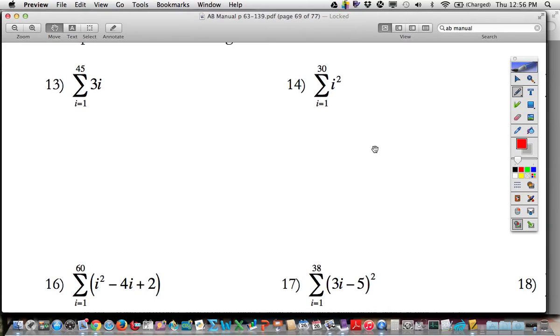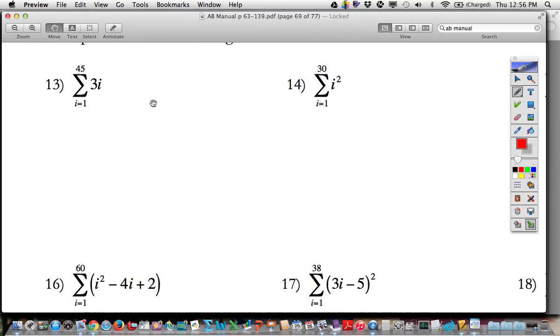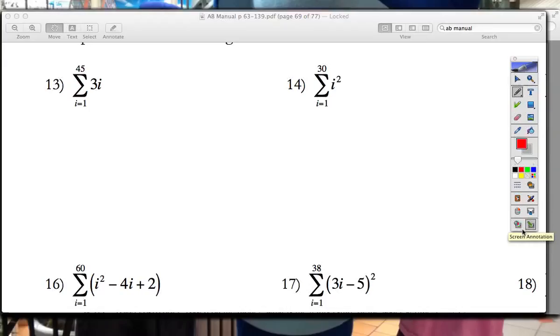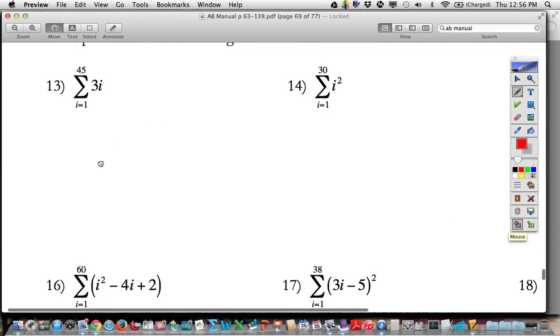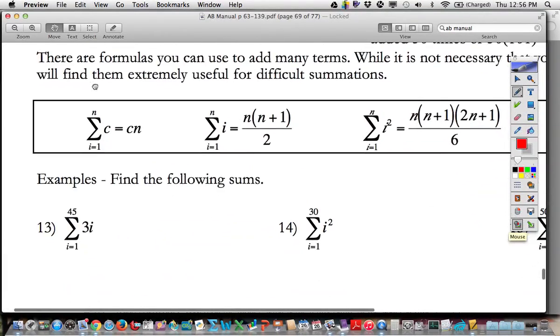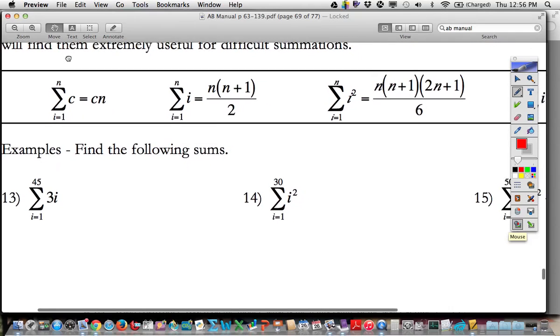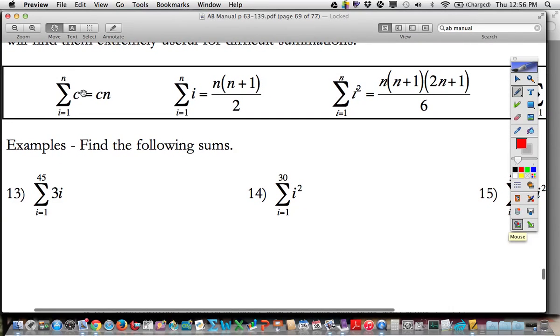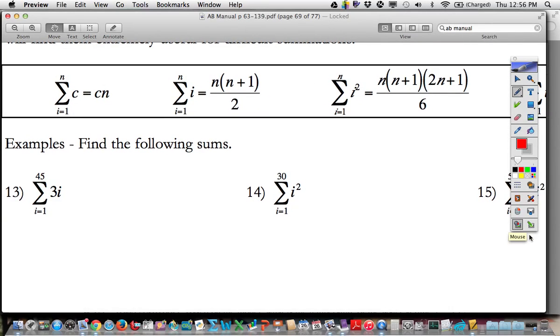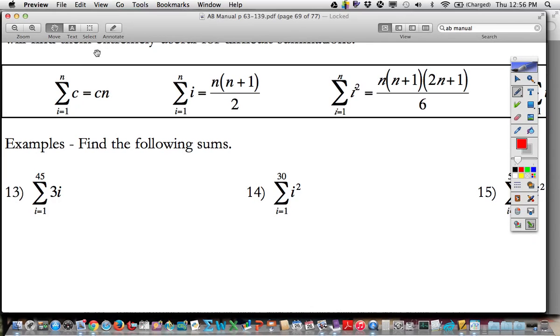Now, one of them, there's an old story, and I don't know that it's true, but like many old stories, it's probably been exaggerated. But here's a couple of formulas. Why don't you write these down right now, and then I'll tell you this story.